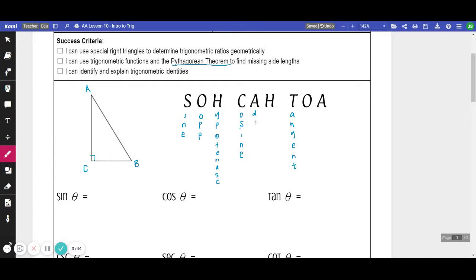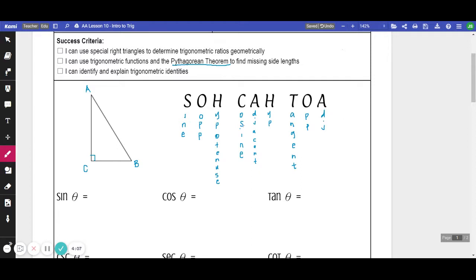We'll talk about in just a second what that means. And H is the hypotenuse. I'm going to show you how this all applies to the triangle in just a second. T stands for tangent. Tangent is the two sides, O, which is opposite, and A, which is adjacent.